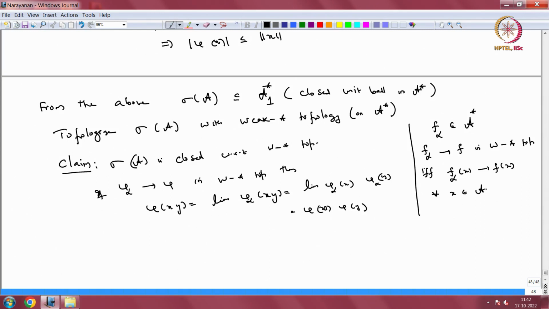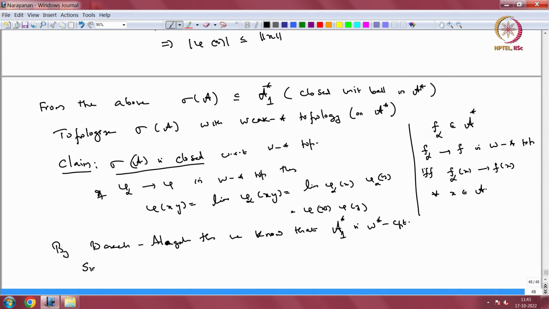And so, it follows that sigma A is closed with respect to the weak star topology. But then you know that the closed unit ball is actually compact with respect to the weak star topology by Banach-Alaoglu. So, we know that A1 star is weak star compact, right, and sigma A is a closed subset of that.